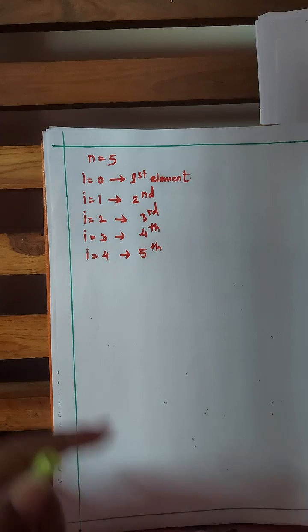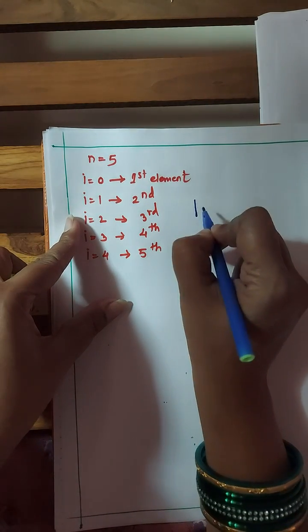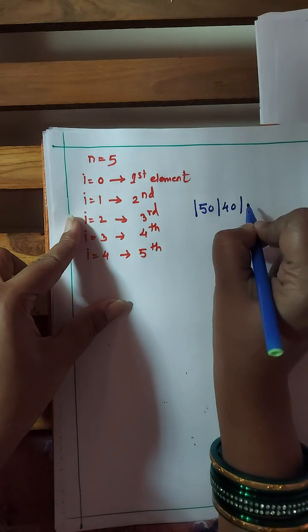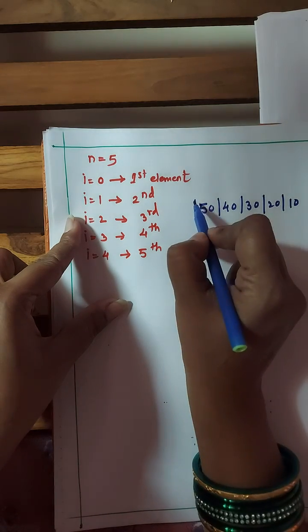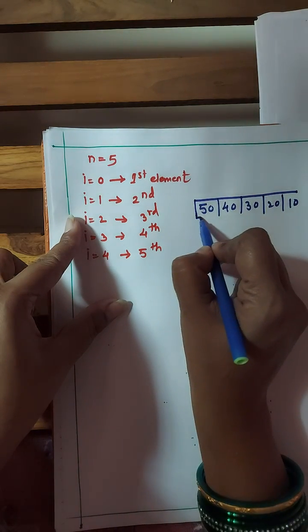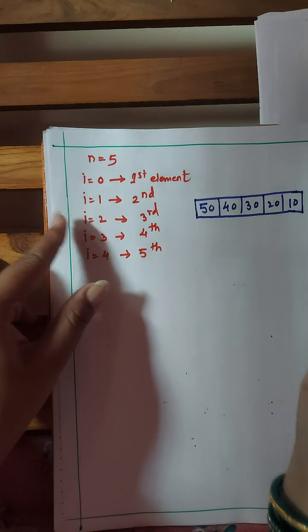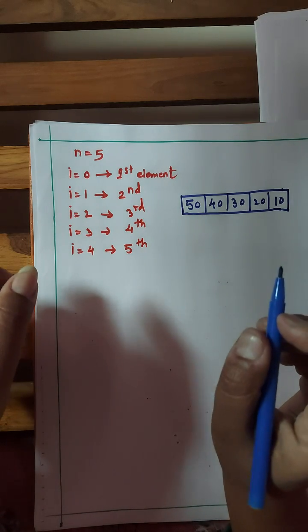So friend, for the bubble sort we consider the array 50, 40, 30, 20 and 10. Suppose we consider this array for sorting using the bubble sort technique.